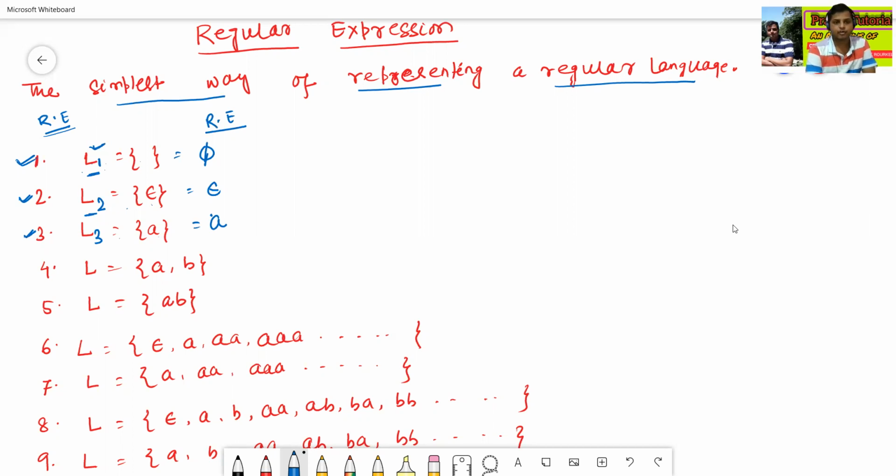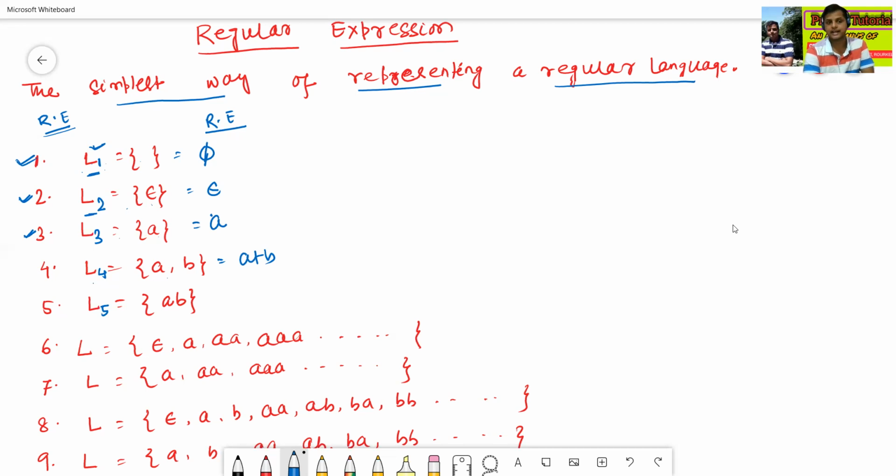What is the fourth case? Language 4 contains a or b, a comma b. The regular expression of language 4 is a plus b. Next, language 5 contains ab.